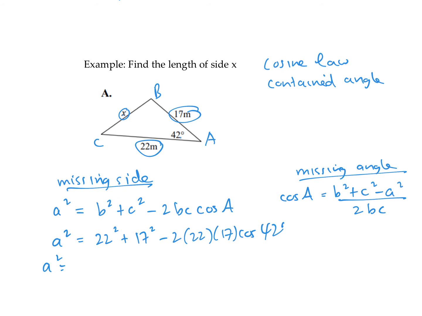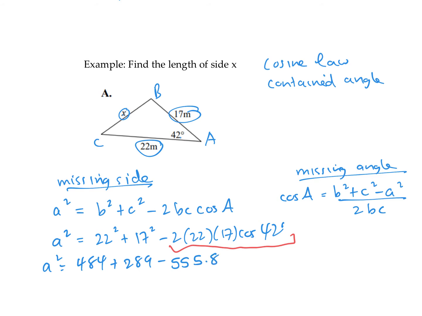If you do it separately, I'm just going to show you that. I'm going to square 22. I'm going to square 17. And then I have to make sure that I do all of this as one number. I don't want to separate it. I want it as one number. So I'm going to do 2 times 22 times 17 times cosine 42 and get one number.